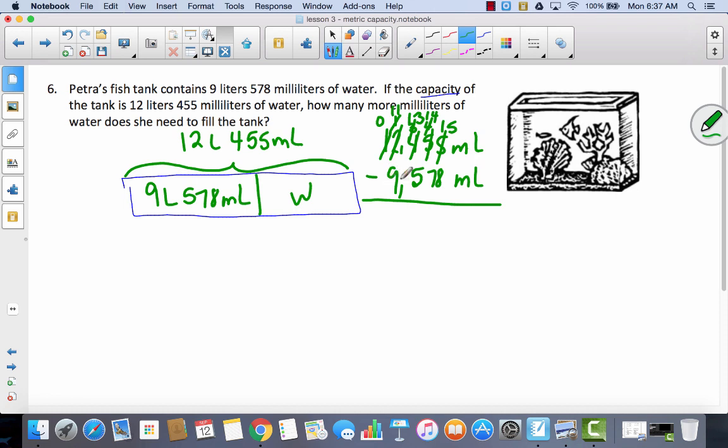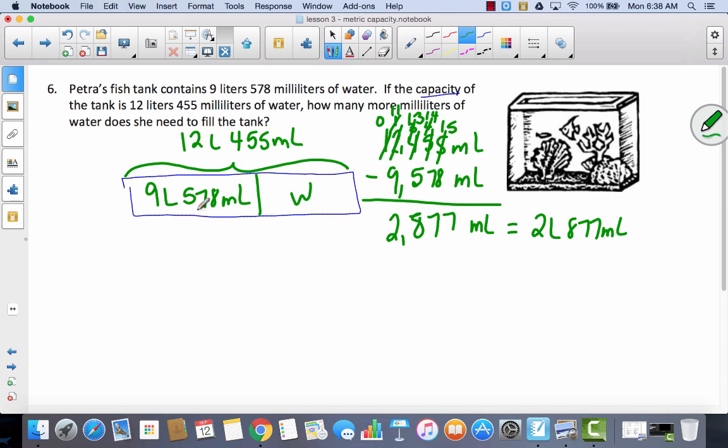So we had to decompose in every single place. So now I have 7, 8, and 2. That's 2,877 milliliters, which is the same as 2 liters, 877 milliliters.